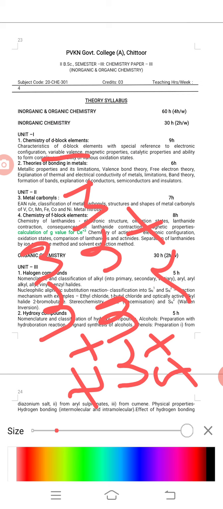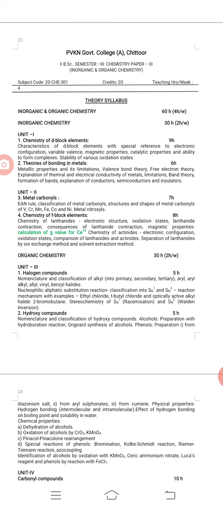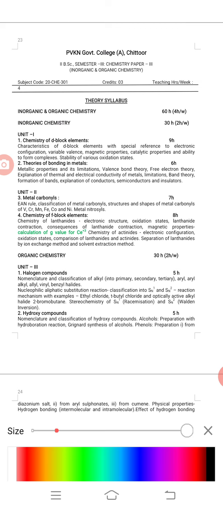The remaining elements also show different oxidation states, like titanium 3+ and titanium 4+. In D block elements, which element possesses the highest oxidation state? Very, very important. The element is ruthenium, Ru, and osmium.